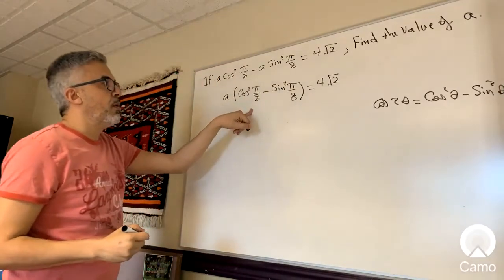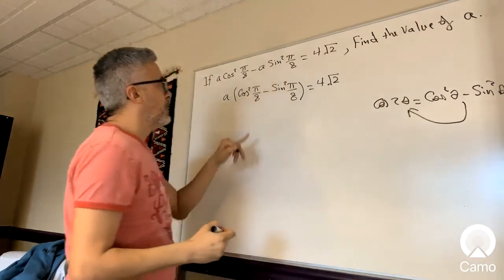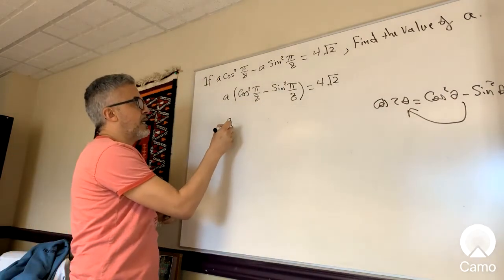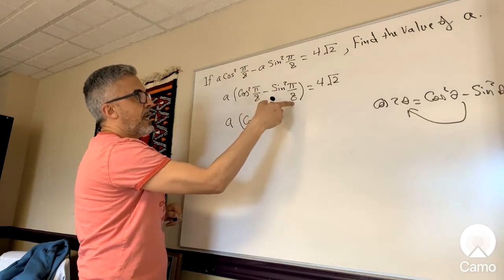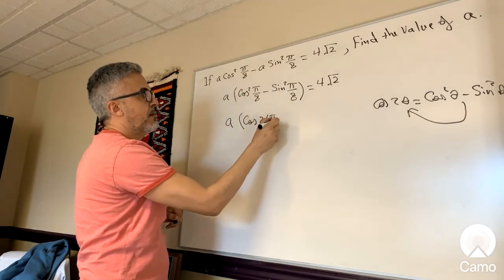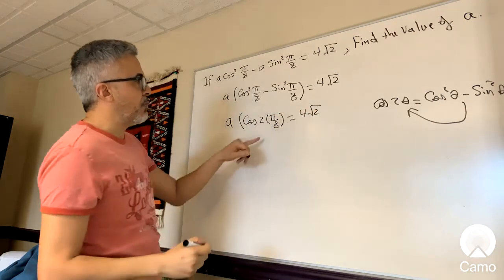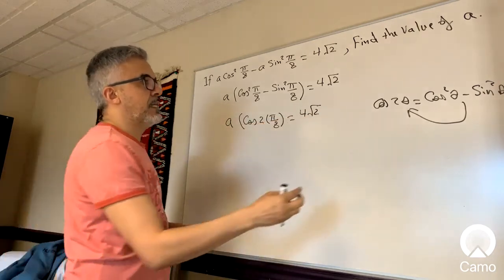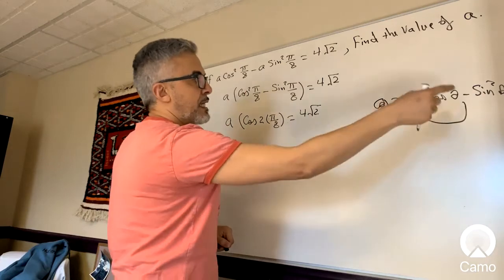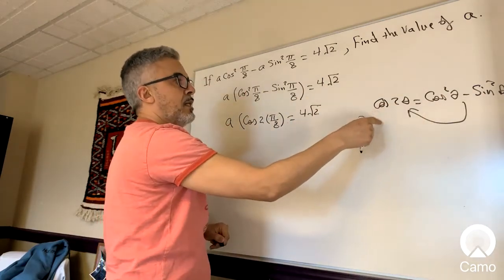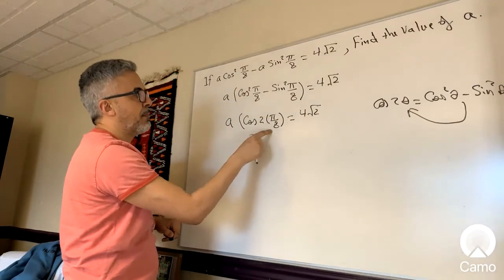So we want to go from this form to this form. That means it's a cos, and then you double the angle, and the angle here is pi/8, equals 4√2. Instead of writing cos squared minus sine squared, we could just write cos and double theta. Here theta is pi/8, so I'm doubling the pi/8.